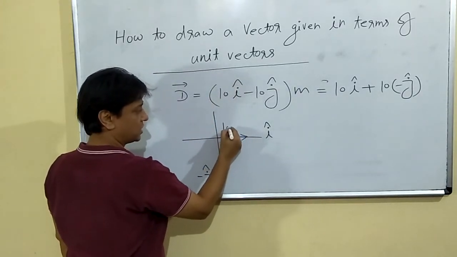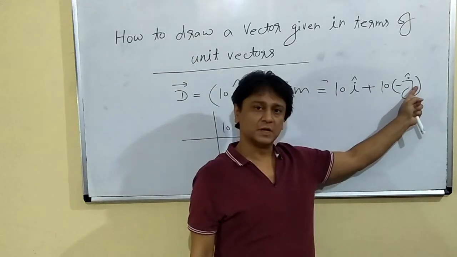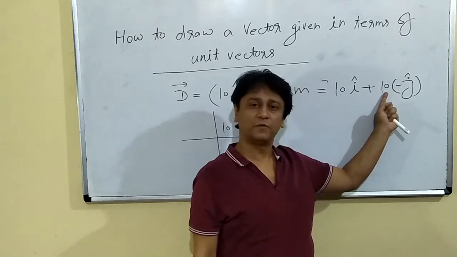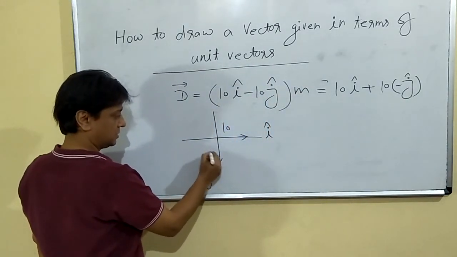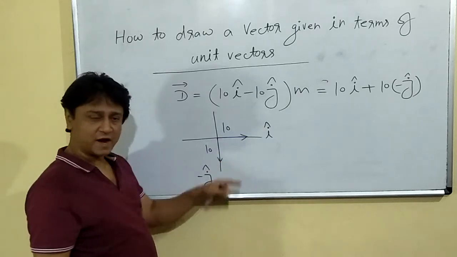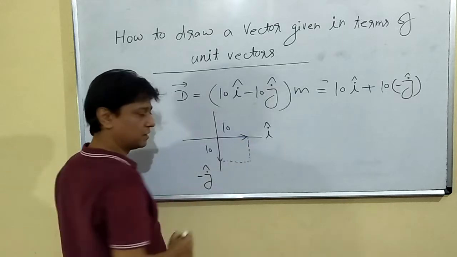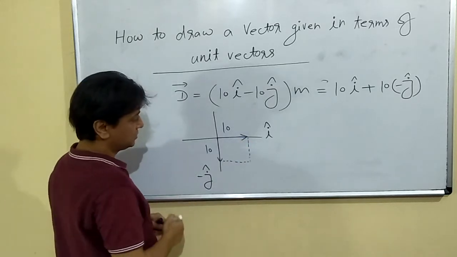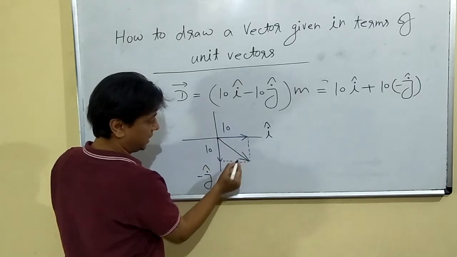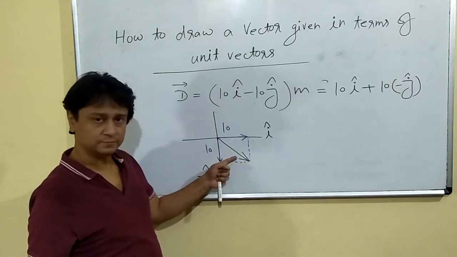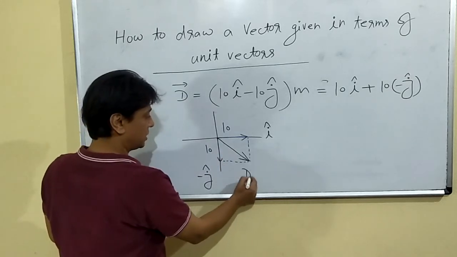Length of this arrow is 10. Minus j cap, इस डायरेक्शन में एक एरो प्लॉट करिए ऑफ लेंथ 10. ये रहा. Now complete the rectangle. This is a rectangle. And then, starting from this point, complete this diagonal and don't forget to put this arrowhead. This vector is your D vector.